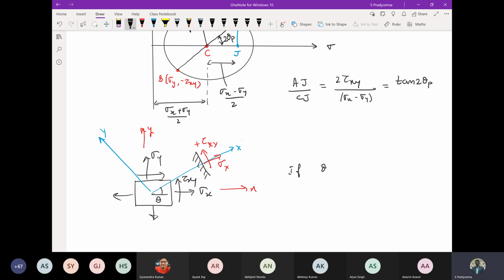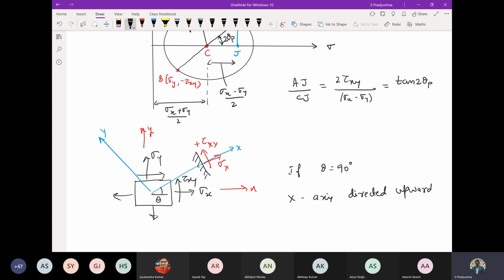If theta is equal to 90 degrees, then what will happen? This capital X axis is directed upward. That means it is coinciding with my small y axis. Right? And what happens to the capital Y axis?